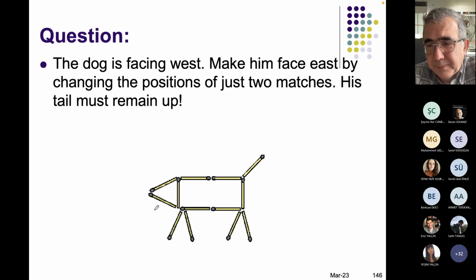Okay, so well-acquired skills are very hard to overcome. So the dog is facing west, make him face east by changing the positions of two matches. Anybody can do this. Is there anyone who did it?